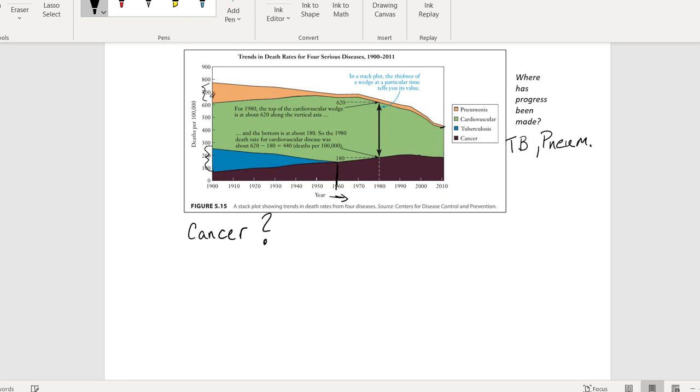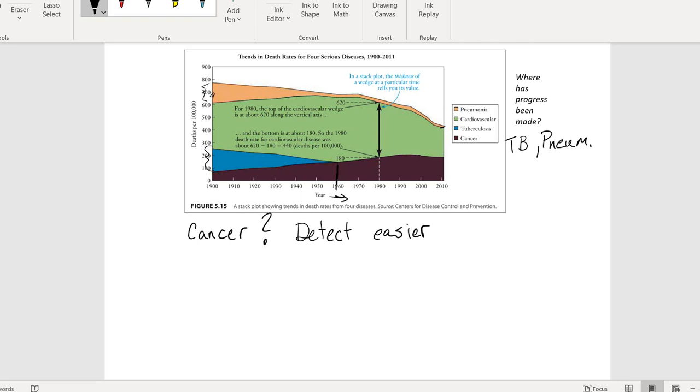So here's what a couple of my students and I have come up with in the past. Maybe cancer has increased because we can detect it easier. So a lot of the time people would die from something that they thought was pneumonia or tuberculosis, but in reality was actually lung cancer. Okay?